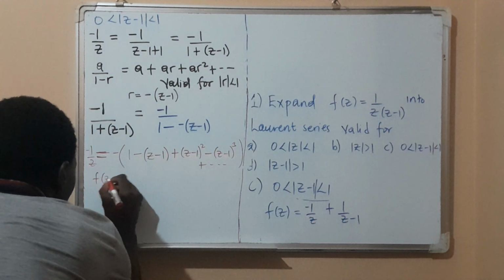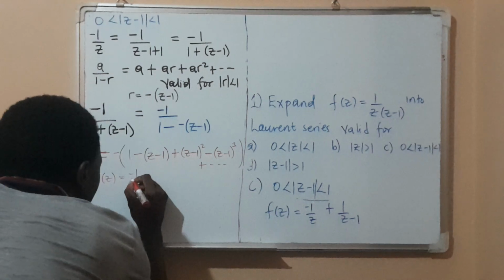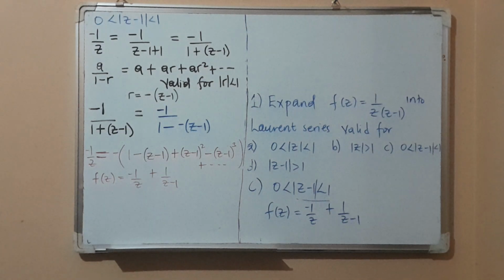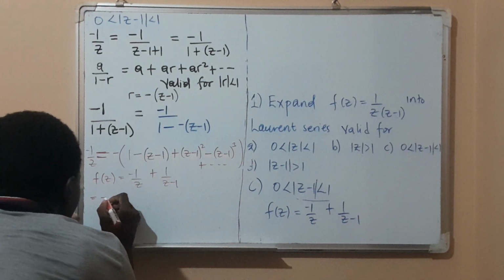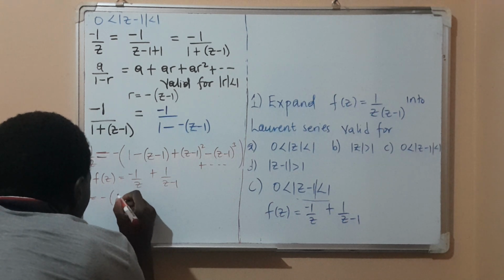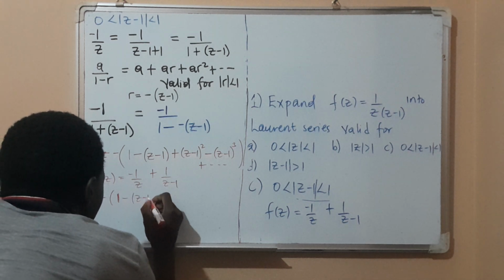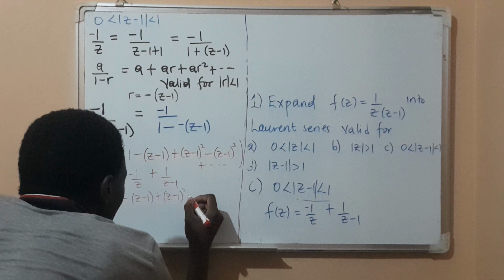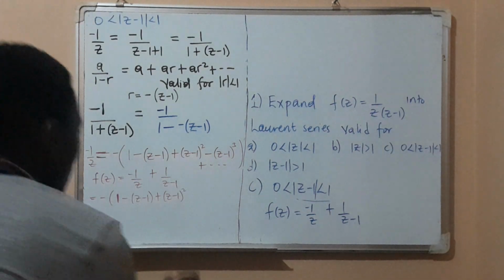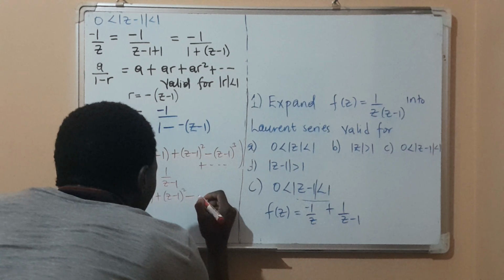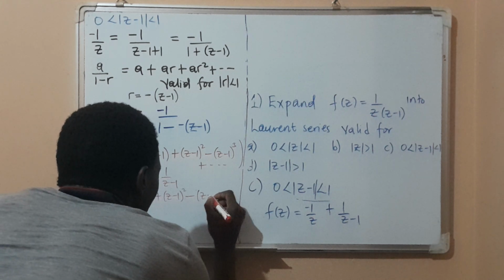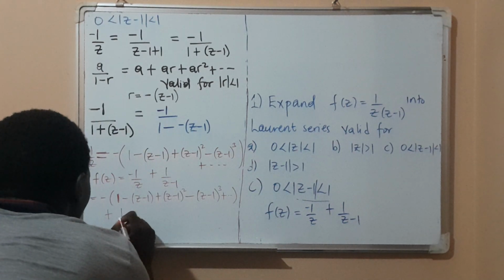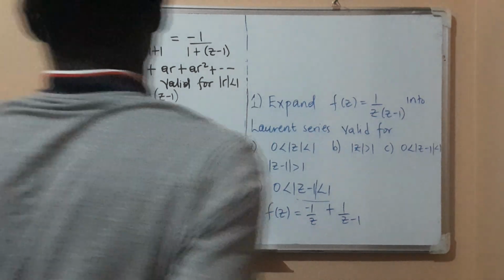My function f of z, which is negative 1 over z plus 1 over z minus 1, is equal to negative 1 minus z minus 1 plus z minus 1 squared, minus z minus 1 to the 3, plus, then plus 1 over z minus 1.